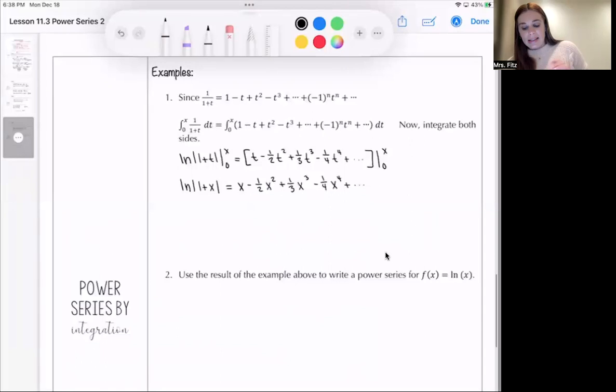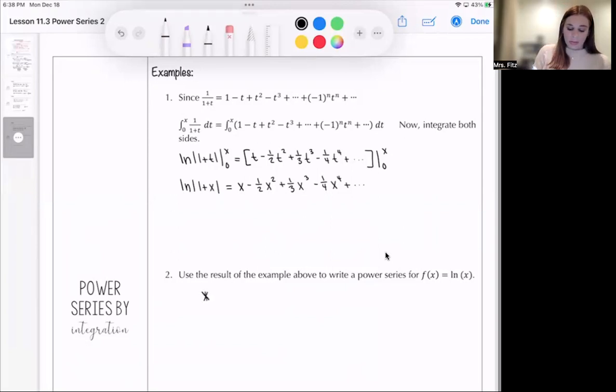Okay, it says use the result of the example above to write a power series for f of x equals natural log of x. Well, the only difference between this problem, the one we did in number 1, and natural log of x is that natural log of 1 plus x has a slightly different input.